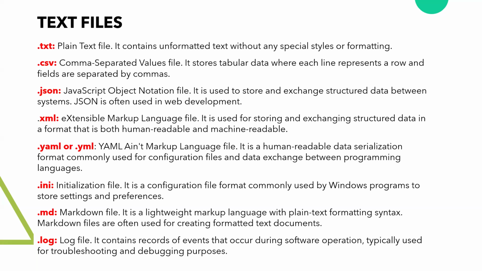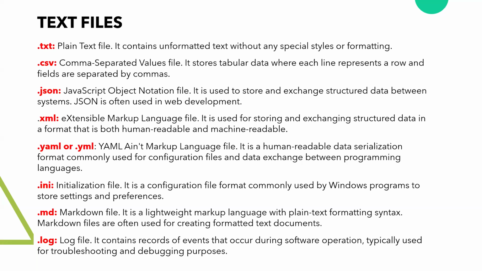So now we have XML, extensible markup language. Okay, you see YAML there, or YML. It's not a markup file. It is a human readable data serialization format commonly used for configuration files and data exchange between programming languages.